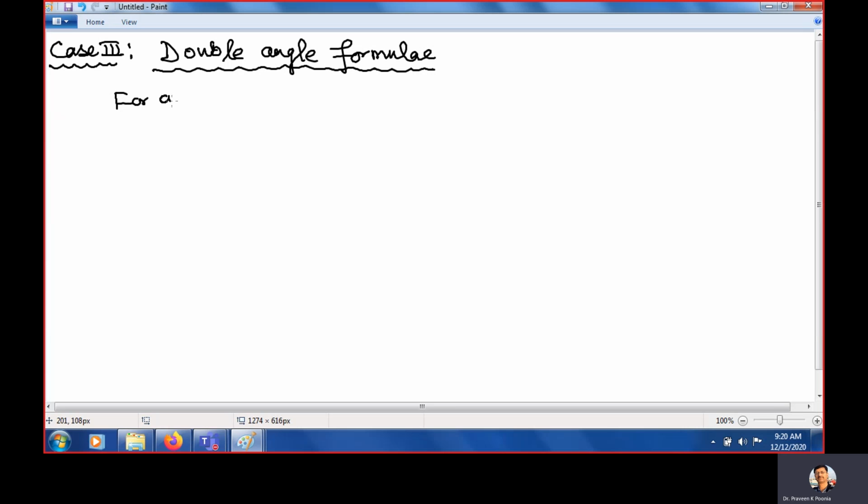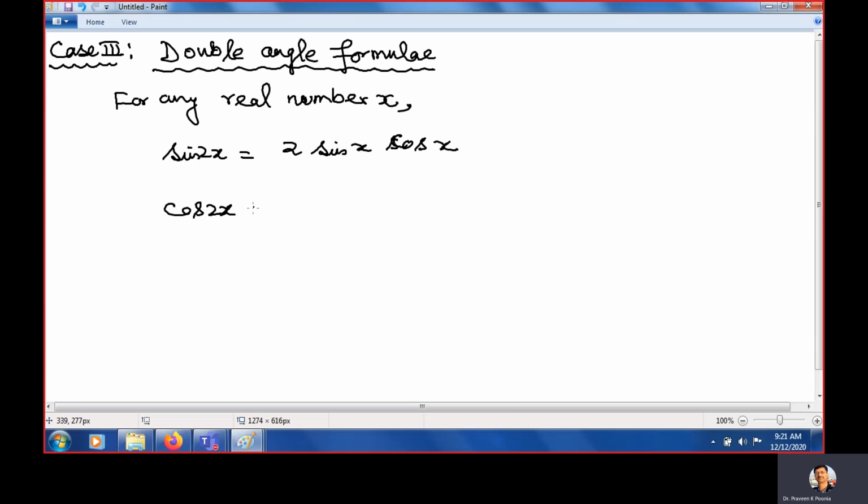For any real number x, we have sin 2x. We will provide these formulas in your exam paper. Sin 2x is 2 sin x cos x. This is the first formula. Sin 2x has only one relation.